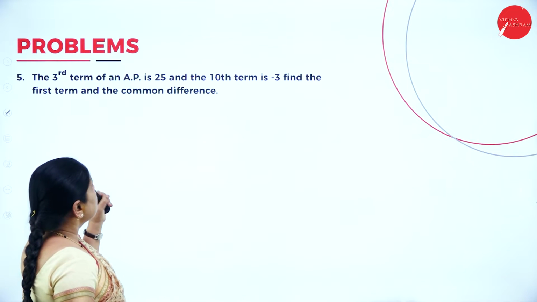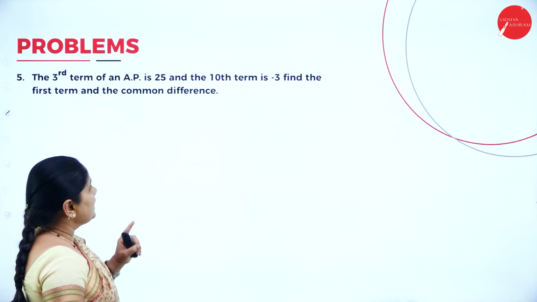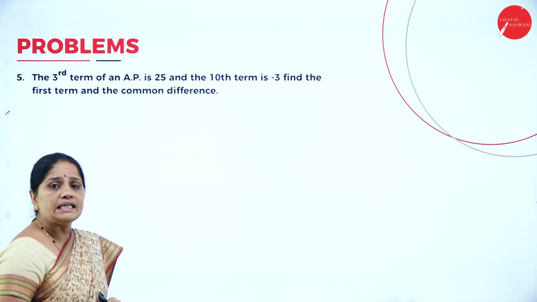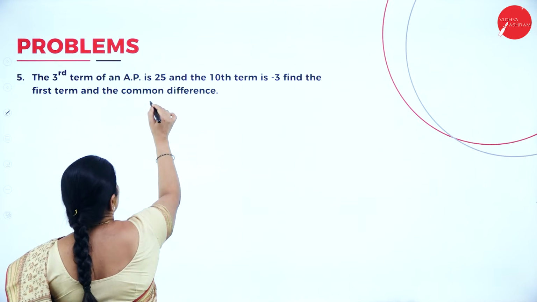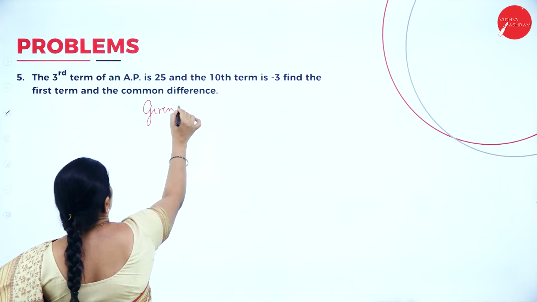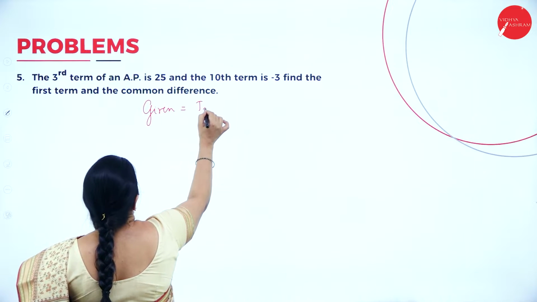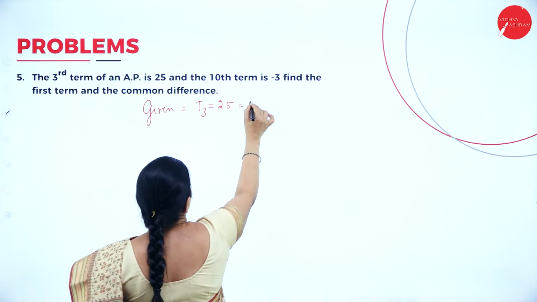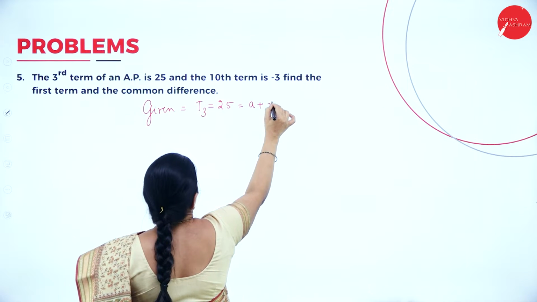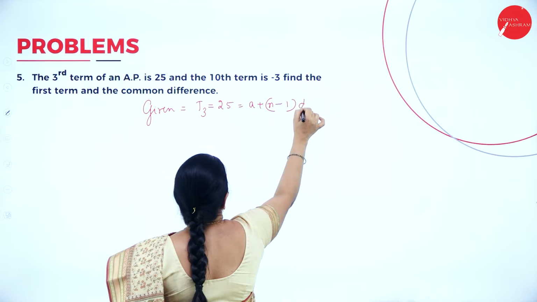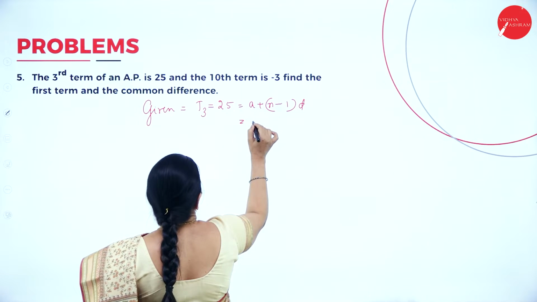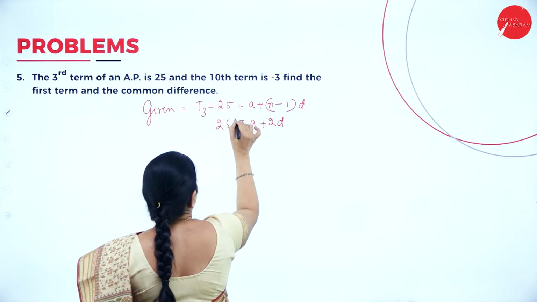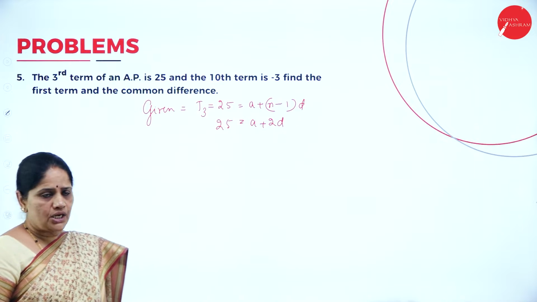Now the third term of an AP is 25 and the 10th term is minus 3. Find the first term and the common difference. Now we will see what is given. T3 equals 25, that is equal to A plus n minus 1 into D. So that will be A plus 2D. 25 equals A plus 2D.